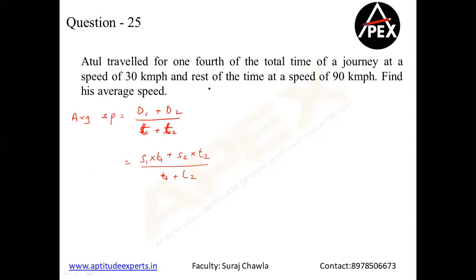If you observe, this is a direct formula of weighted averages. Now please understand, we get the ratio of the denominator, which means if we alligate the speeds, we get the ratio of time taken. This is the model that I did not teach you in alligations.